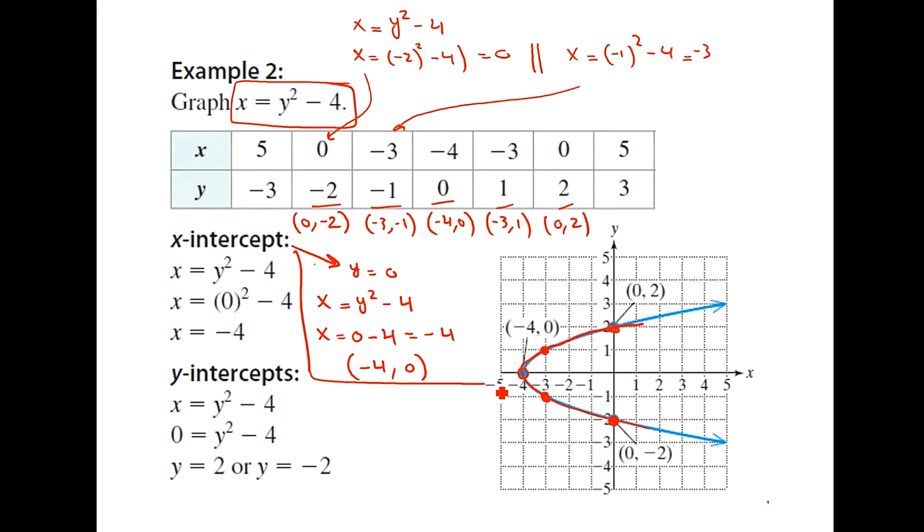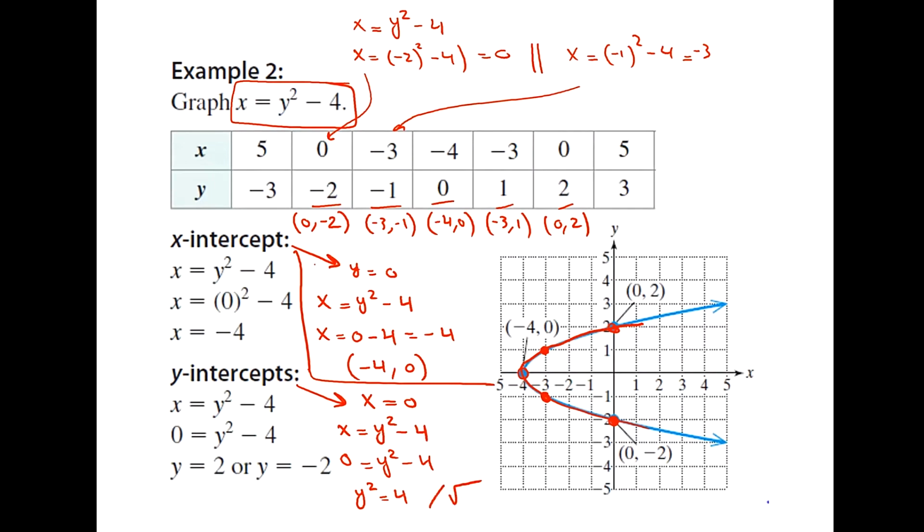Now we need to find the y-intercept. Y-intercept means x equals 0. We have the equation x equals y squared minus 4, so with x equals 0 we have y squared minus 4, and then we can conclude y squared equals 4.